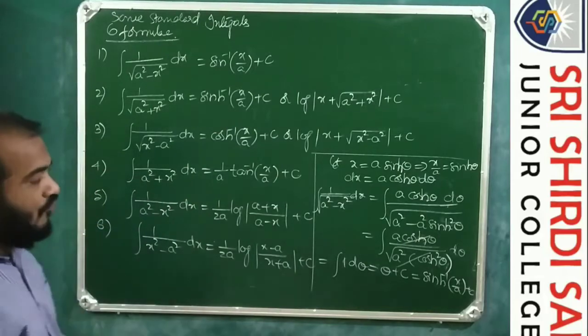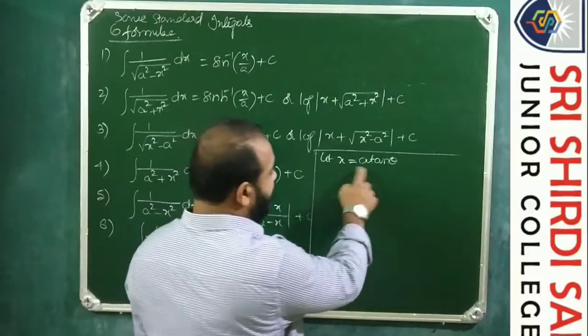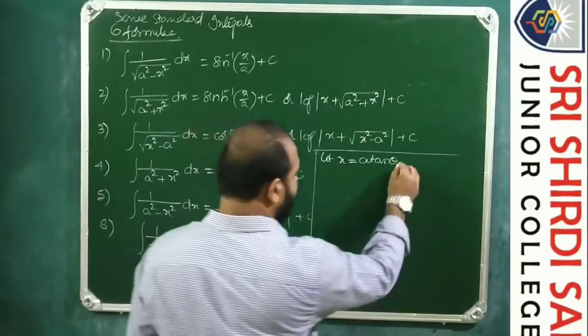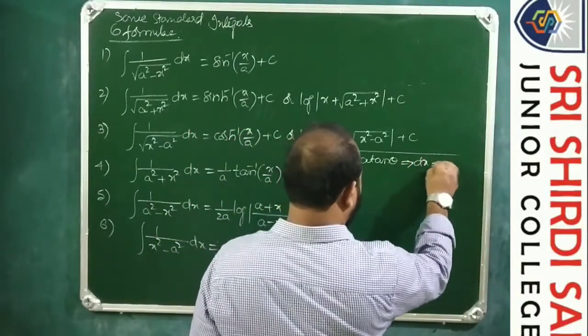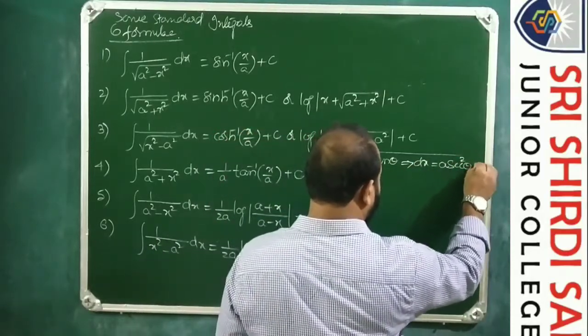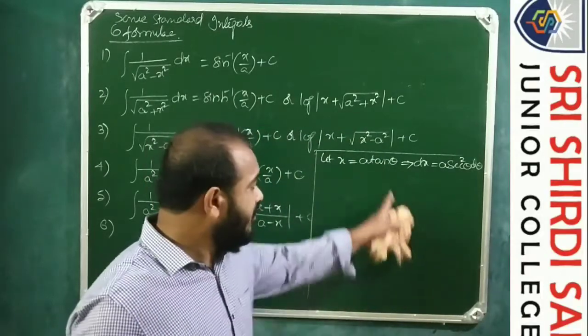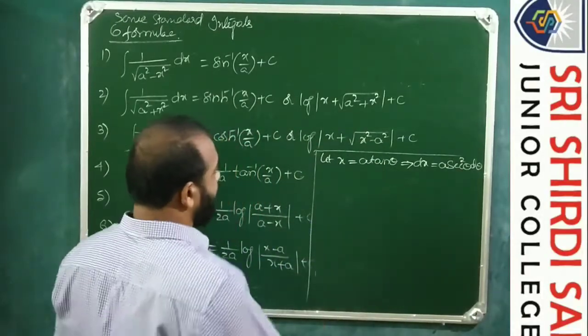As far as the fourth one is concerned, x is equal to a tan theta, so dx is equal to, the derivative of tan theta is secant square theta, d by d theta of tan theta is secant square theta.